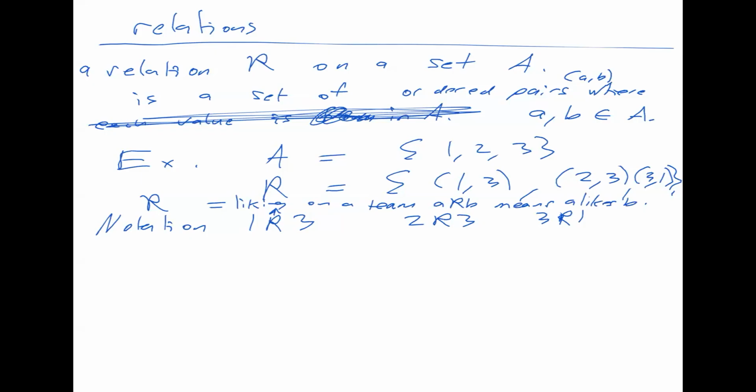You can almost think of many relations as just being like relationships in real life, whether people are friends with each other or not. So person number 1 likes person number 3, person number 2 likes person number 3, person number 3 likes person number 1.